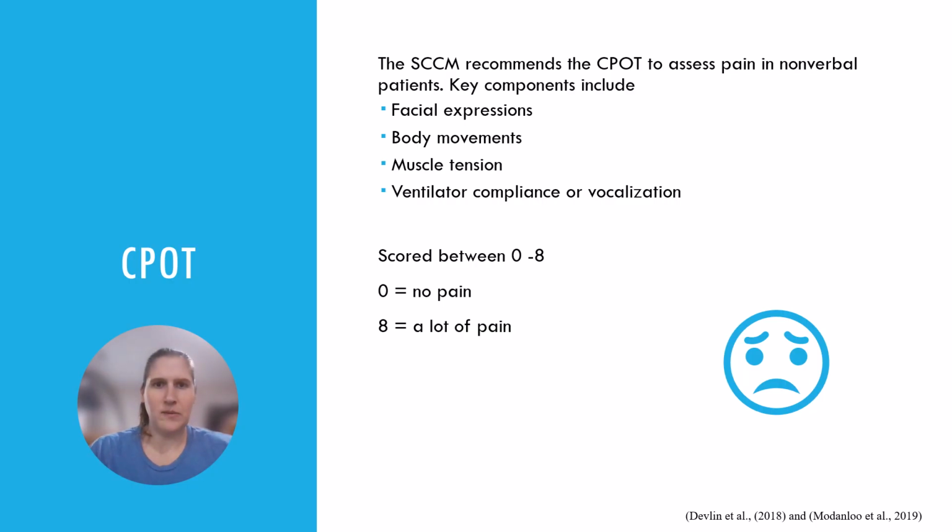The CPOT is one of the most reliable scales for assessing critically ill patients who cannot self-report. The American Society for Pain Management Nursing also recommends using the CPOT in all ICU patients. The CPOT is scored between 0 and 8, with 8 being the most pain and 0 being no pain.